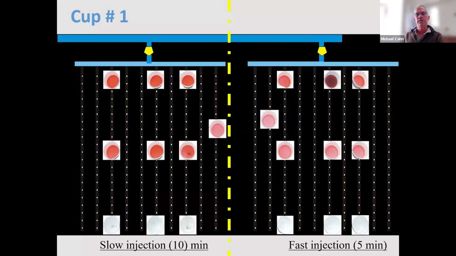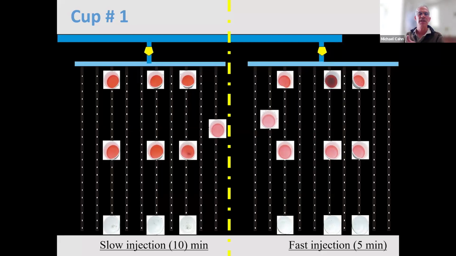And this is from one of those demonstrations we've done with growers out in the field. And you could see a slow injection versus a little faster injection. And even the slow injection is pretty fast, but for demonstration purposes, and it was a small block, we called 10 minutes slow. And at first, we had 2 cups.